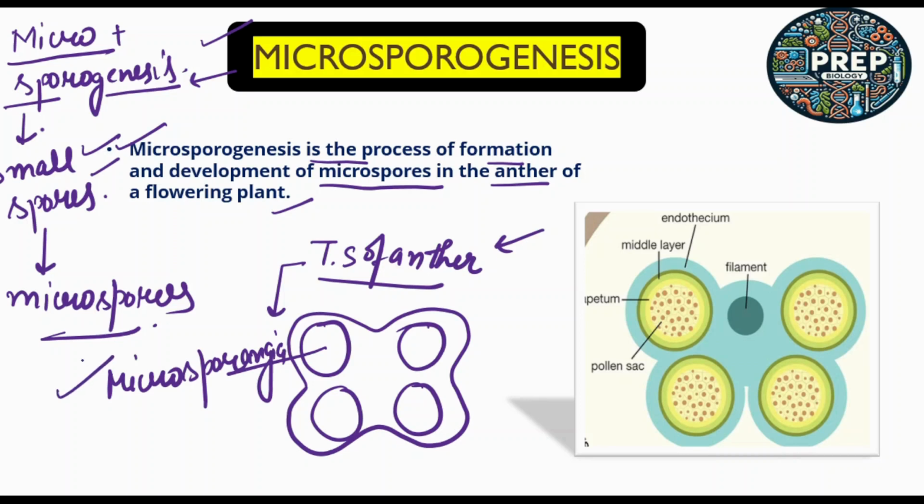We already discussed this topic. In these microsporangia, we have a number of sporogenous cells. We have discussed earlier.